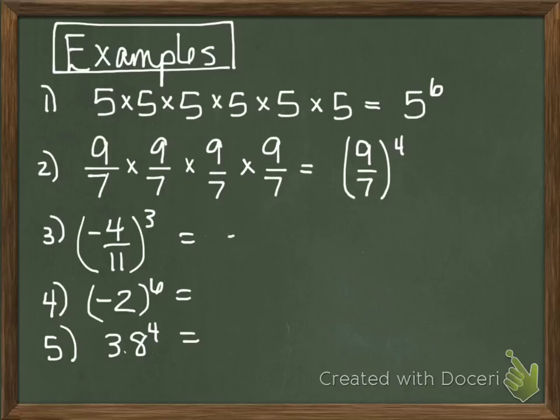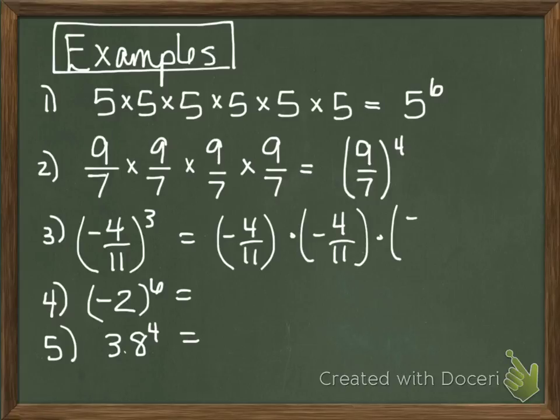So this one would be negative 4/11 times negative 4/11 times negative 4/11. So I used the base as a factor 3 times. And in this case, I used parentheses just to show that negative sign went with the fraction there.